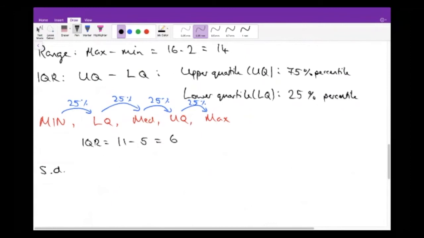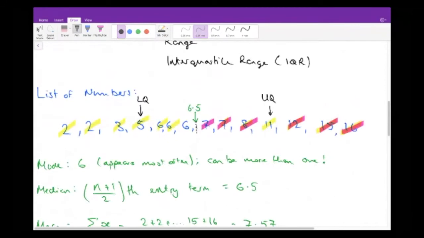Now for the standard deviation, we're going to use our calculator. For both types of calculator, you're going to go into stat mode, and we're going to type the list. For Casio, you're ready to type your list straight away.